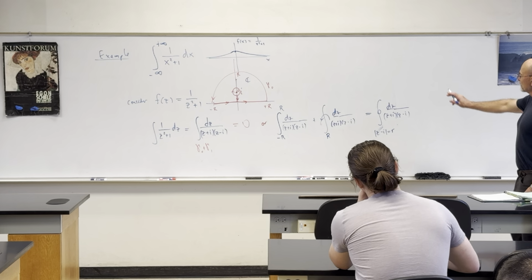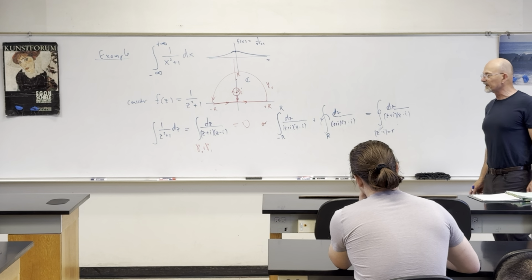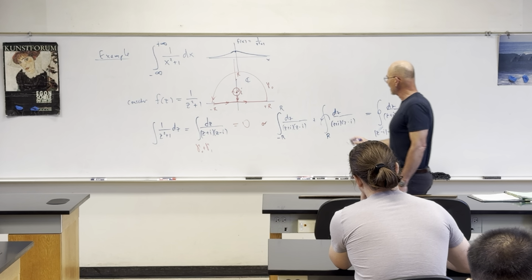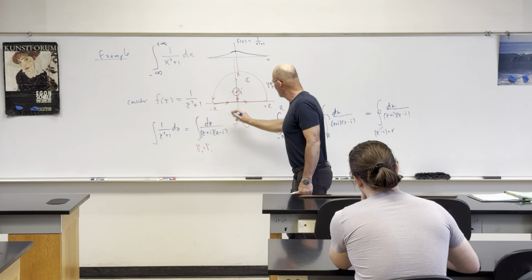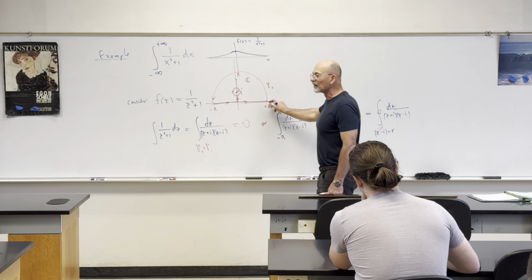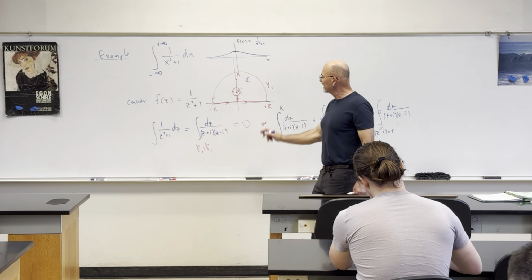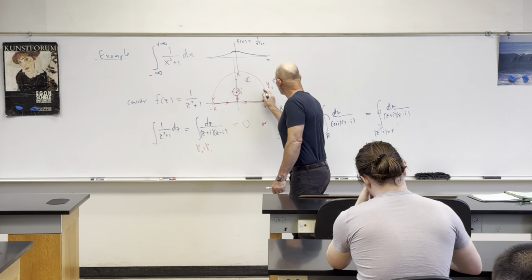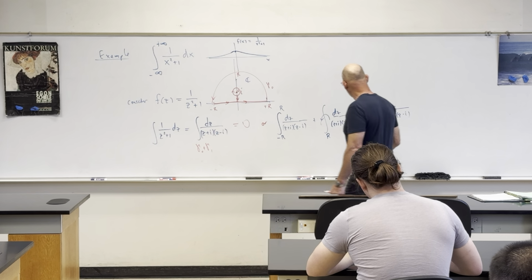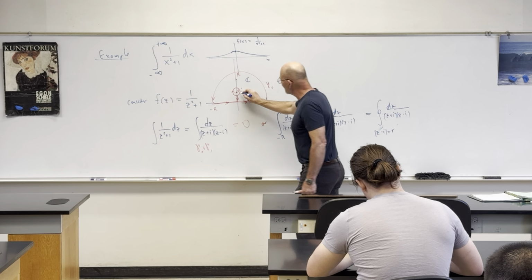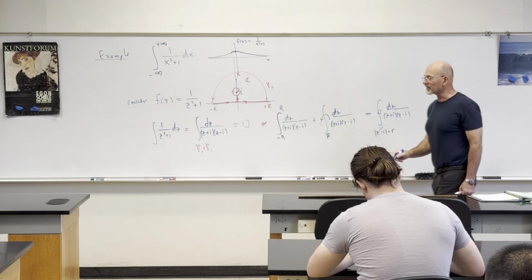So Cauchy's integral theorem in the multiply connected domain said I could do that. Okay, so this one here is this one. The first one is the one we're looking for when we let r go to infinity. The second one here is this semicircle, and the third one is this little tiny inside circle oriented properly.